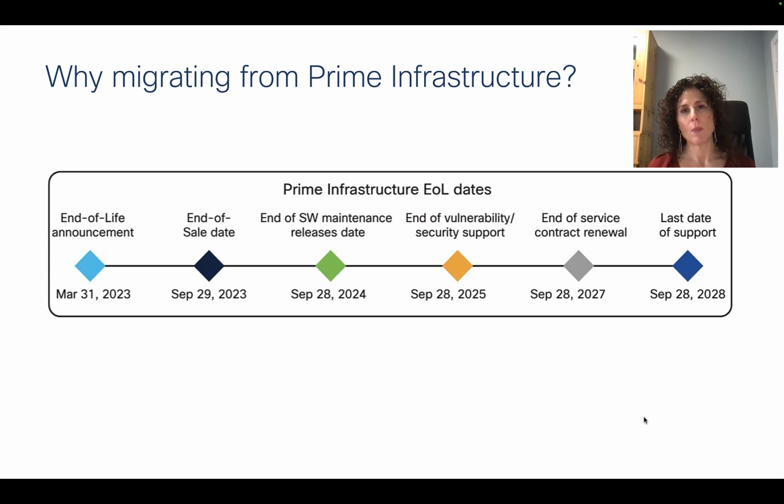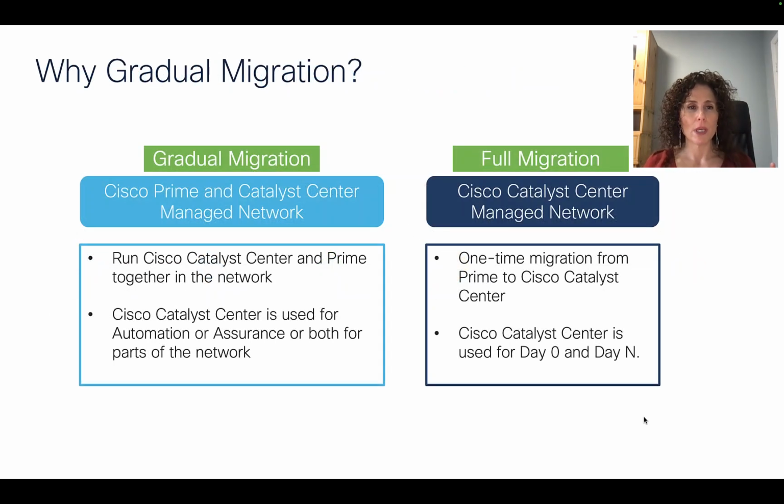But also, on top of the benefits that we get with the new capabilities of Catalyst Center, we know that we announced the end of sale of Prime Infrastructure, and even though there's a long time until the last day of support, it's a good idea to start thinking about our own infrastructure and how best to migrate from Prime to Catalyst Center.